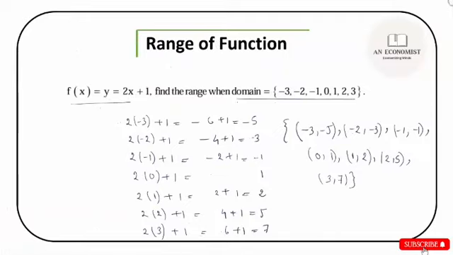Okay, so what will be the range? Range will be -5, -3, then you have -1, then you have 1, then you have 2, 5 and 7. So just taking the second values here. So this is all you have.